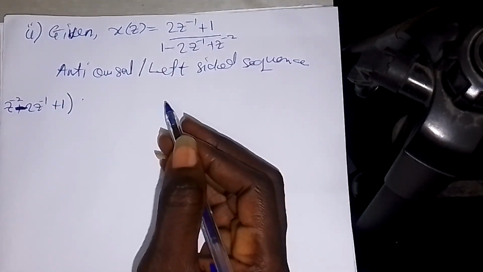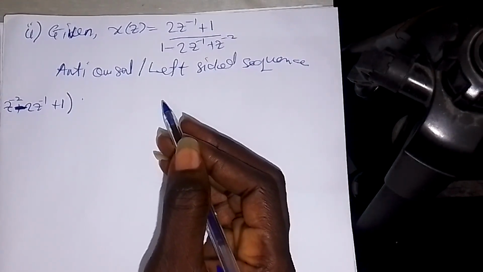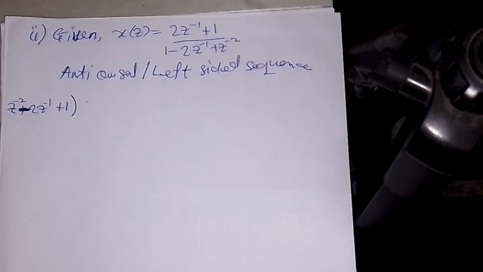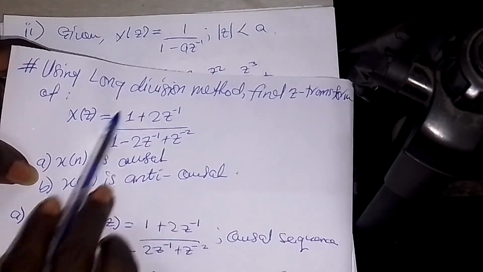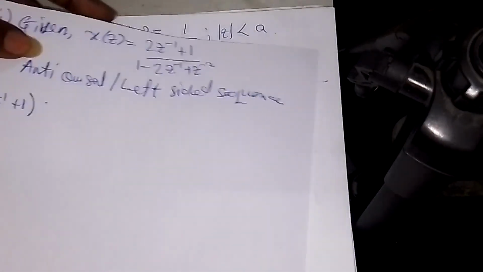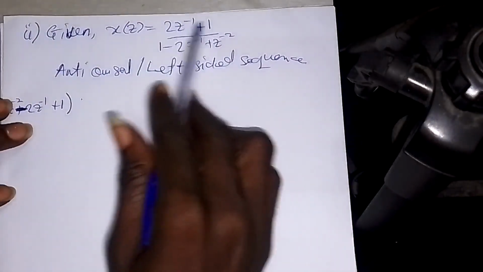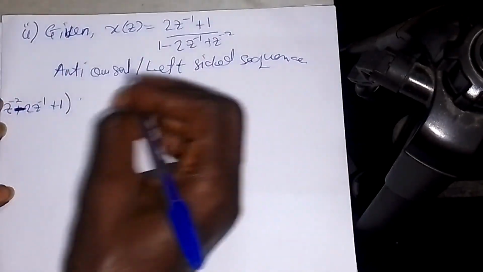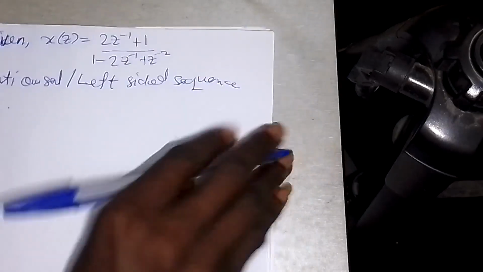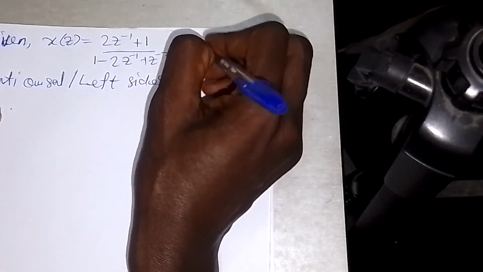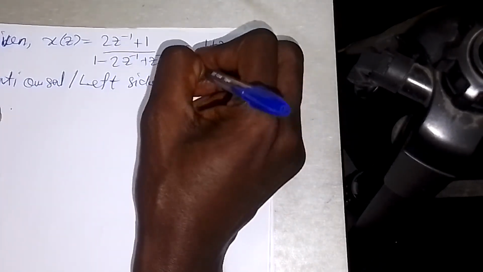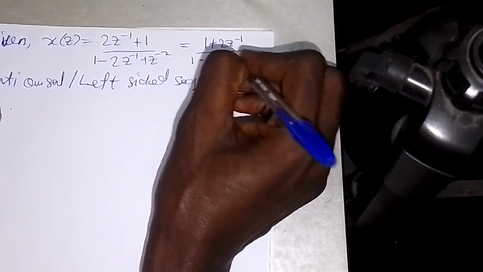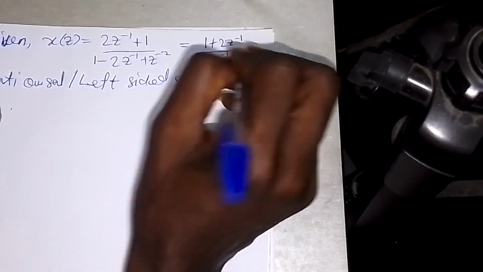In the original question that we were given, it was actually like this: 1 plus 2z inverse, and then here you have 1 minus 2z minus 1, plus z minus 2.